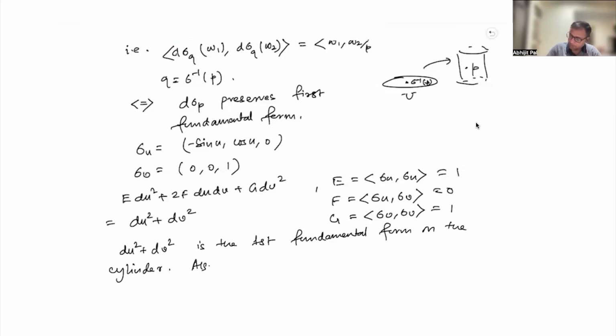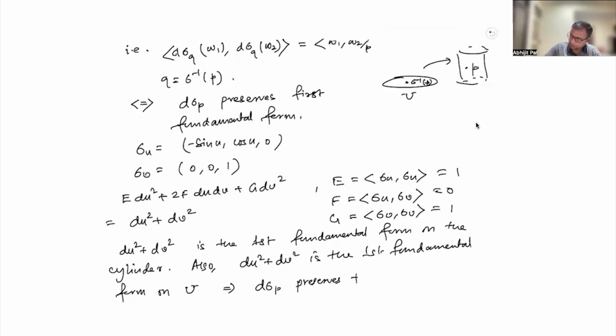Also, du square plus dv square is the first fundamental form on U. So therefore d sigma_p preserves the first fundamental form.